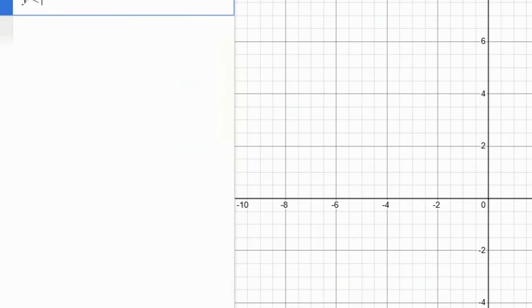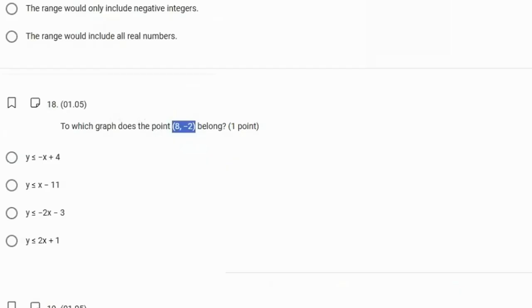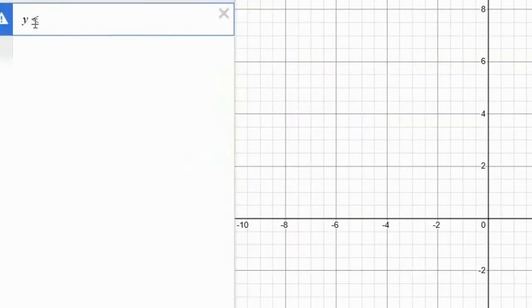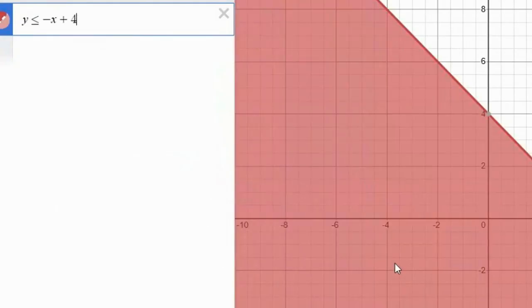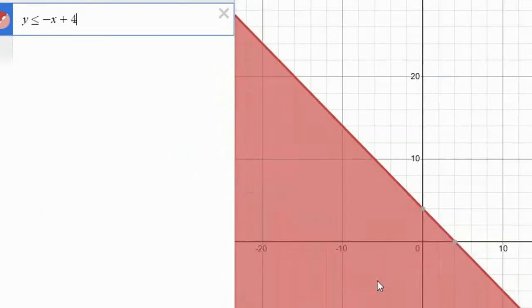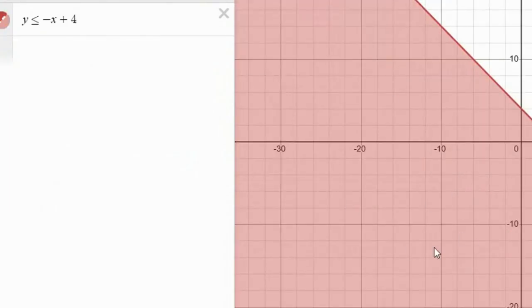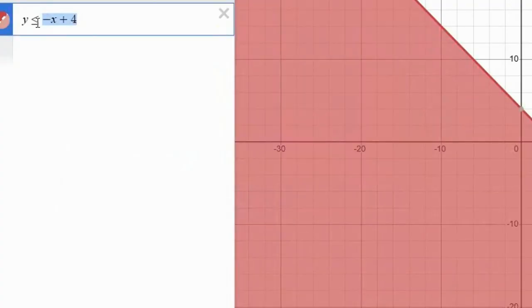If we didn't cover it, it won't be on the test, but less than or equal to negative x plus 4. So I put less than or equal to negative x plus 4. See, that means anything in the shaded area. Anything in the shaded area would be part of y less than or equal to negative x plus 4, because this red line up here is the graph of negative x plus 4.